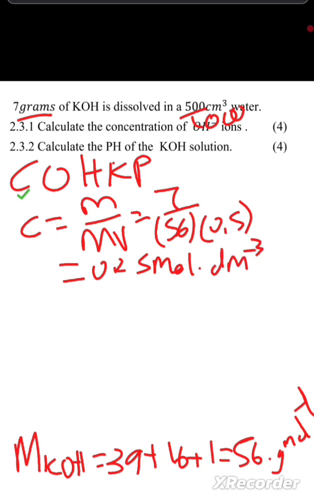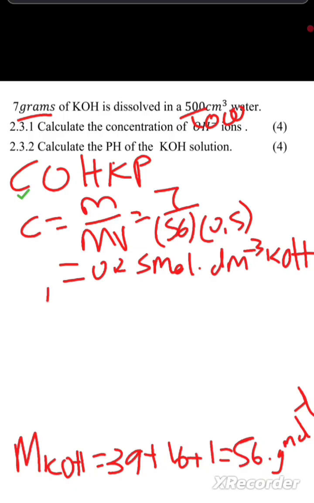is that. Okay. Then now I now find the concentration. This was the concentration of KOH. Okay. Now I must find the concentration of OH. I must find the concentration of OH.